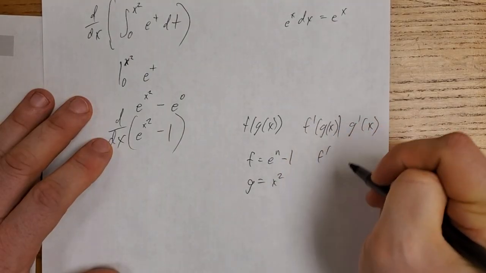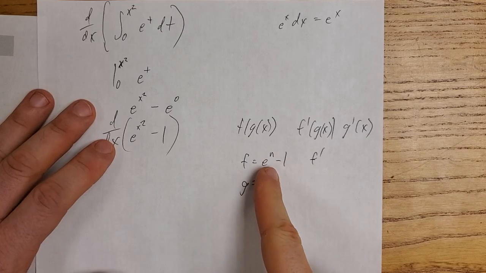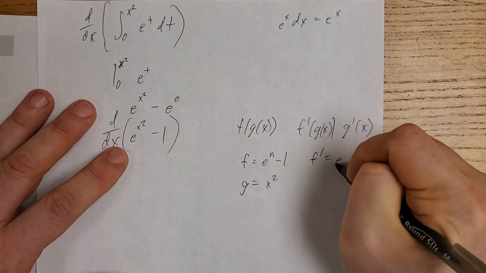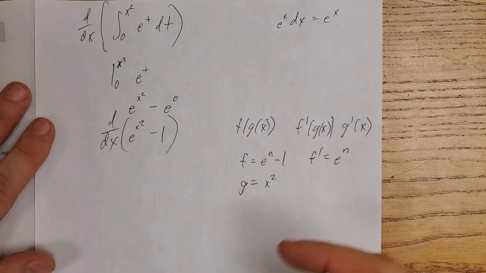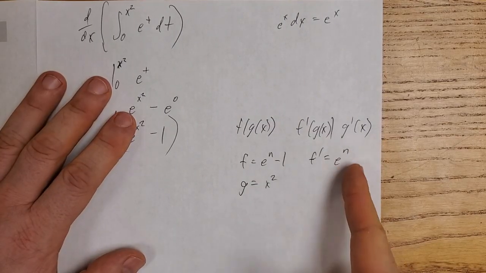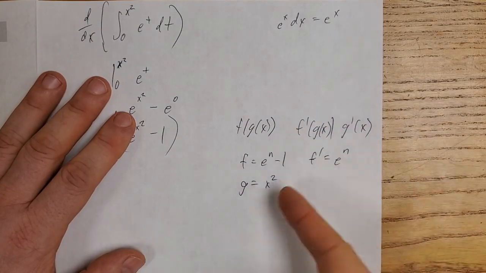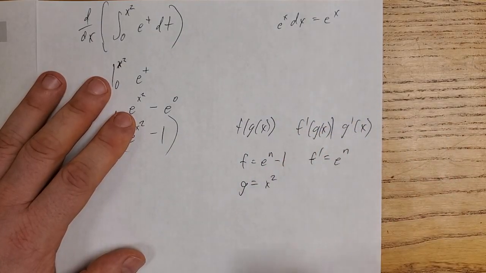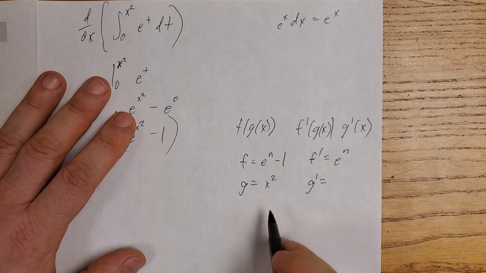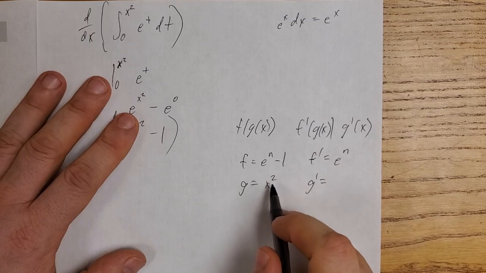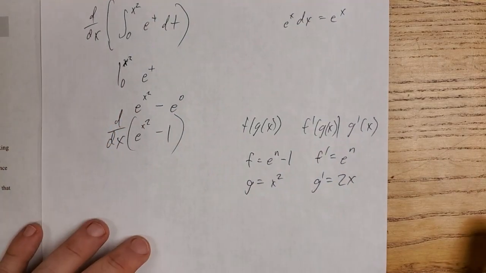And so the derivative of f, we know again e to the n is always going to be itself, and the negative 1, there's no variable there, so it just goes away. You could say n to the 0 power, the 0 comes down, multiplies by negative 1, makes it go away. And then the derivative of g, again simple power rule, 2 comes down, subtract 1, that's 2x.